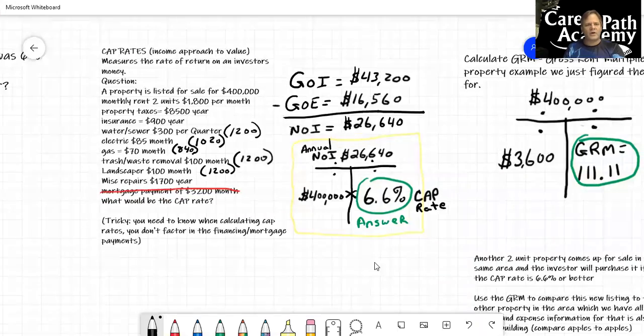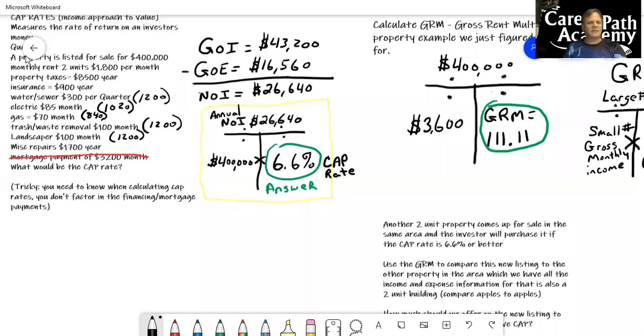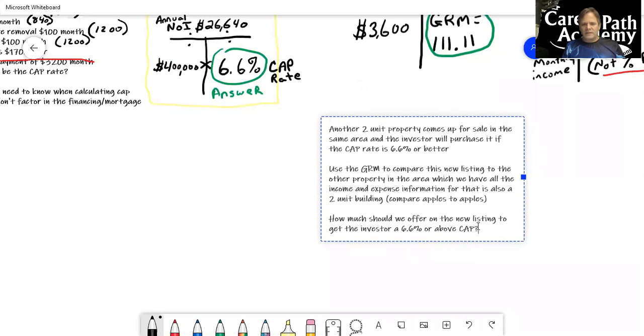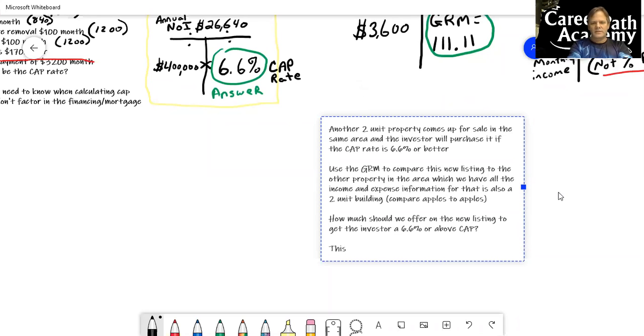Okay, so let's say these are 3-bedroom units, and 3-bedroom units in this area are going for $1,800 a month. So this property has 2 3-bedroom units.